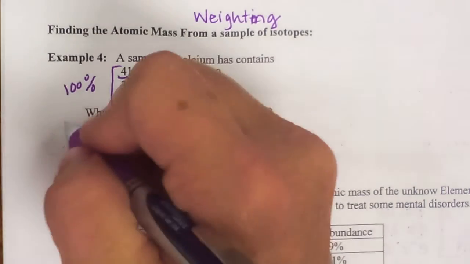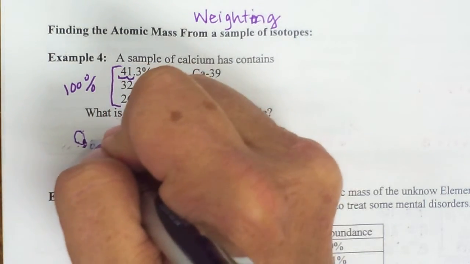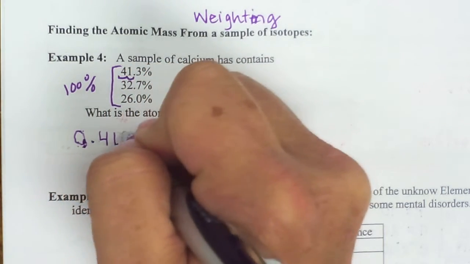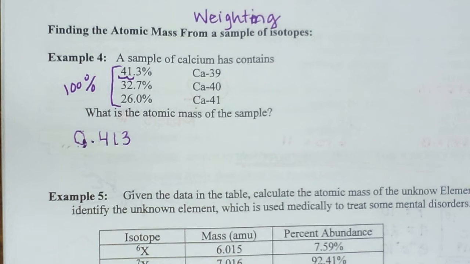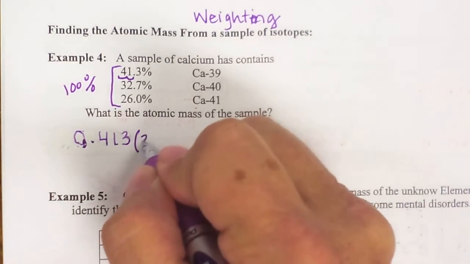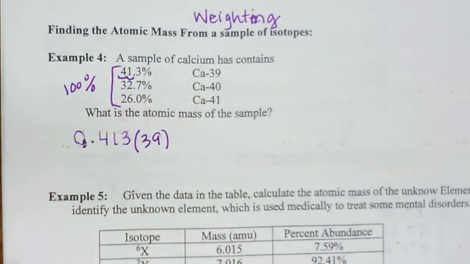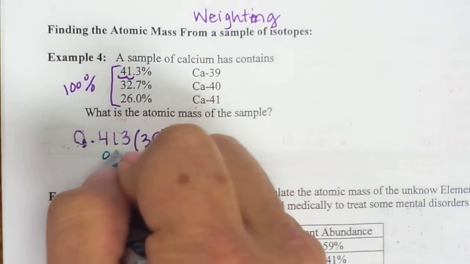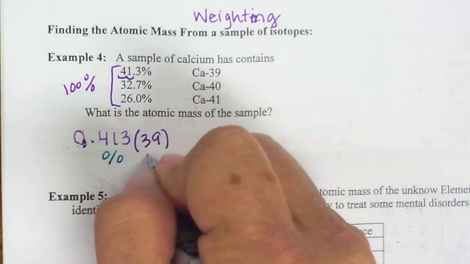Okay, let's try that again. So we're going to take 0.413. That moves my decimal point 2 places, from 41.3% to 0.413. I'm going to multiply this times the mass number 39. So that is my percent and my mass number.